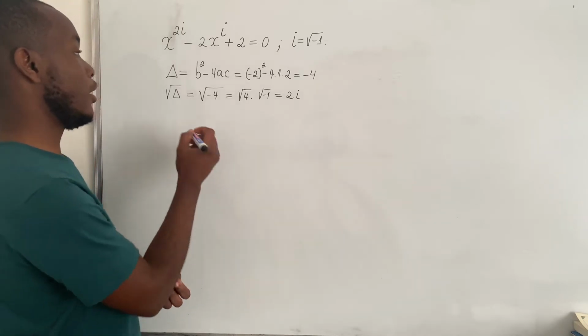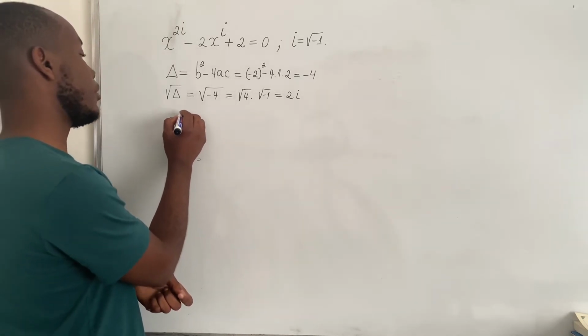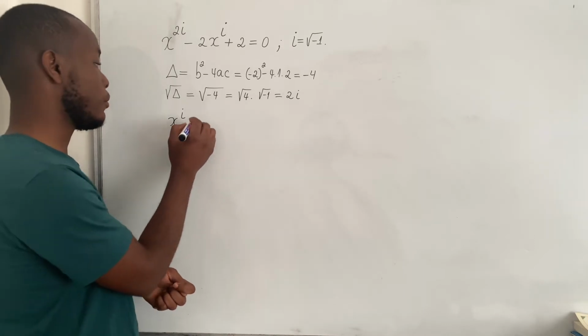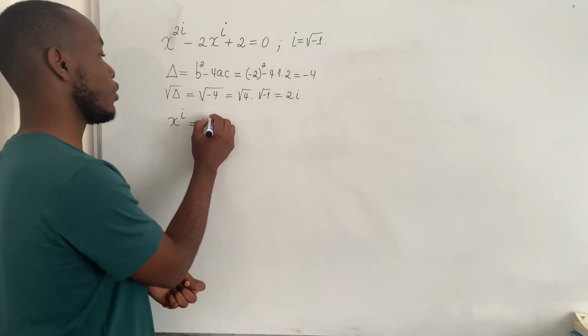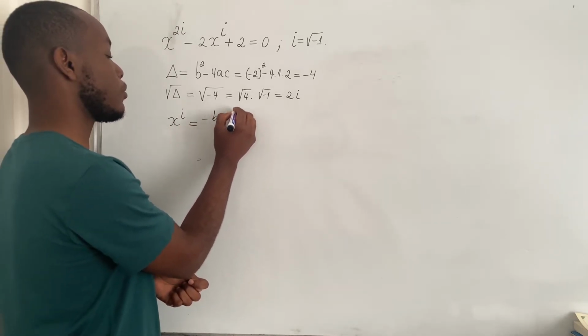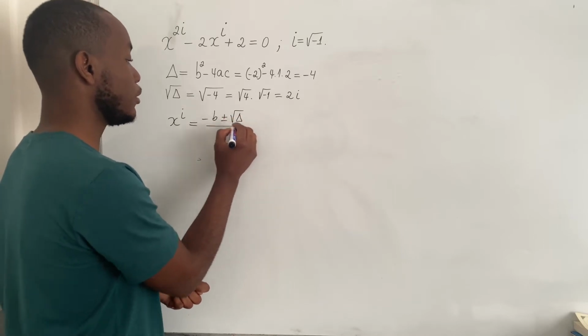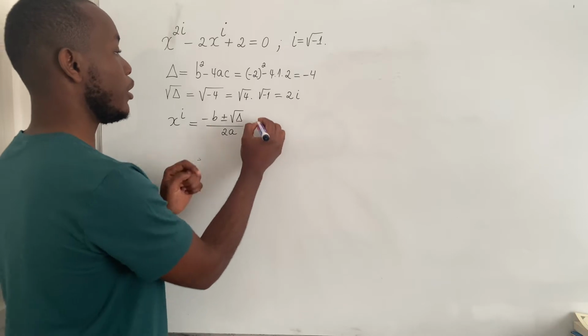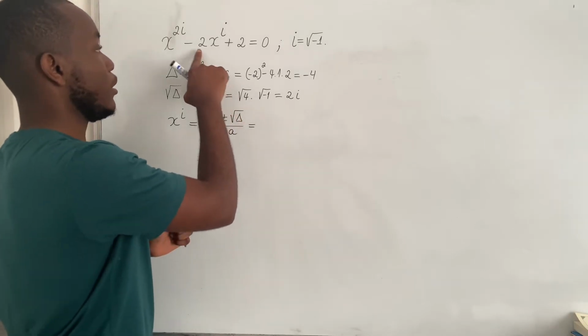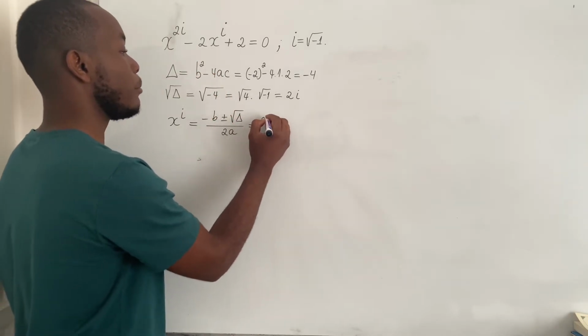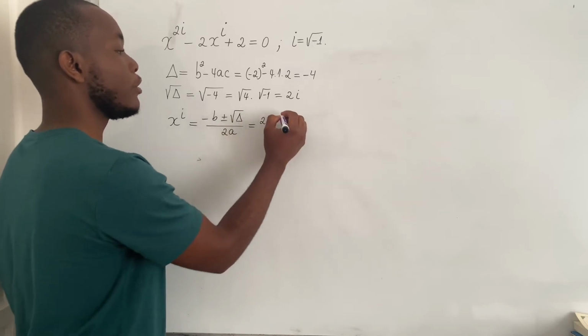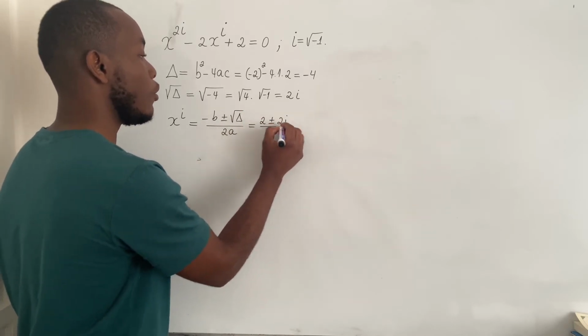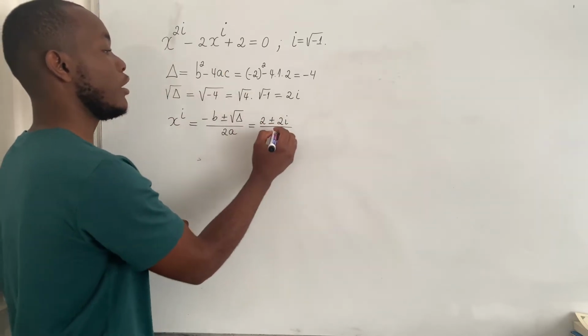Now let's find the value of x. We know that our variable in this case is x^i, which will be equal, according to the formula, to minus b plus or minus the square root of the discriminant, over 2a. What is my b? It is minus 2, so the negative becomes positive, plus or minus the square root of the discriminant, 2i, over 2 times a, where a is 1, so 2.